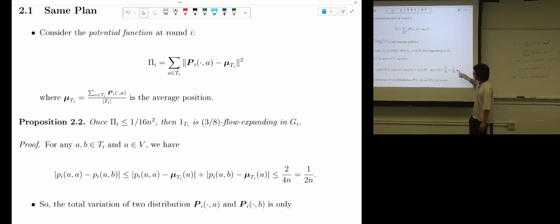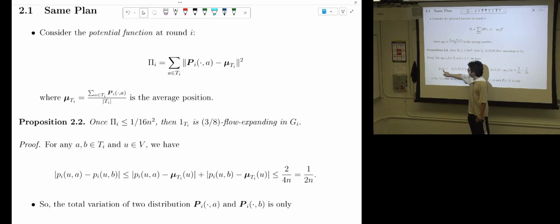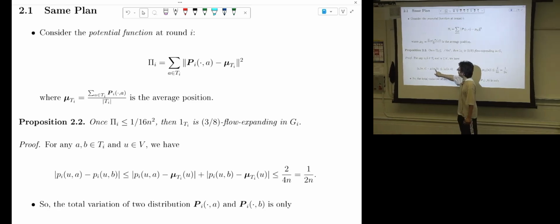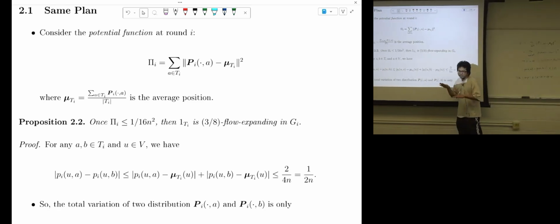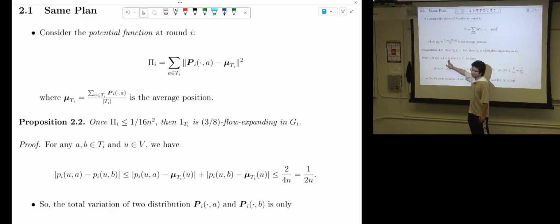So it means that the probability from U to A and the probability from U to B are basically the same for every A and B in the active set.